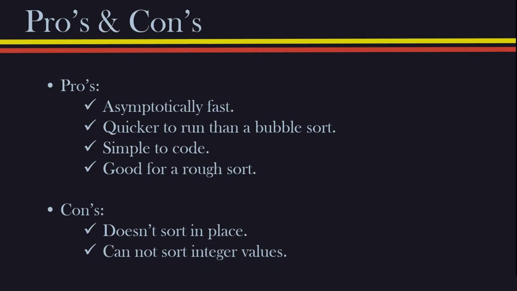In cons, the complication of bucket sort is that it does not sort in place. So it takes extra space in the memory to sort the elements of the array. Also, bucket sort cannot sort an array that has elements out of the range from 0 to 1. So we cannot sort integer values using an ideal bucket sort algorithm.